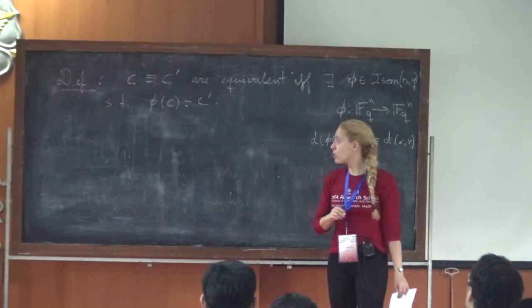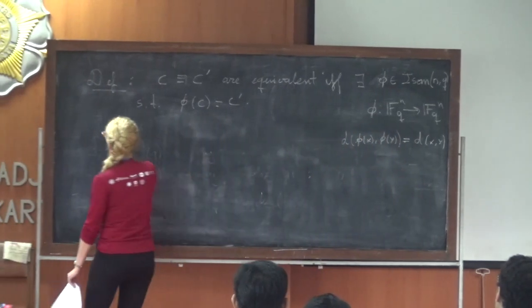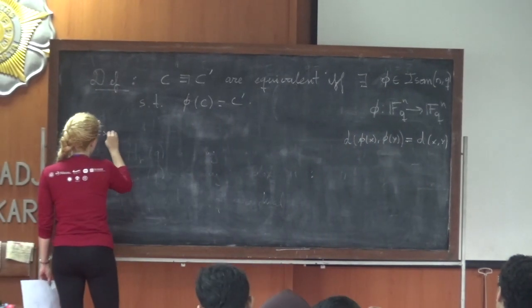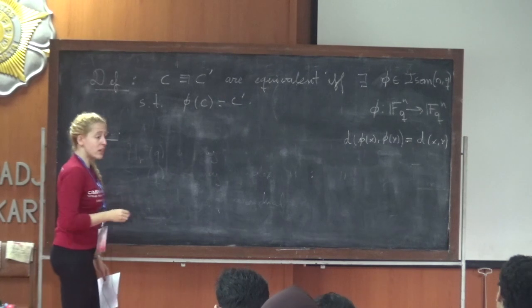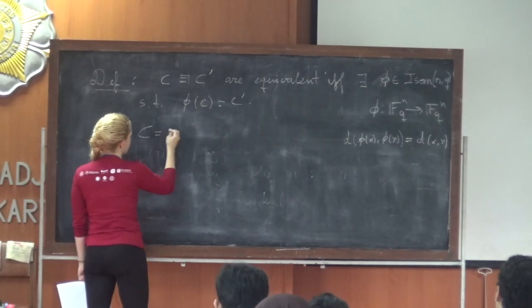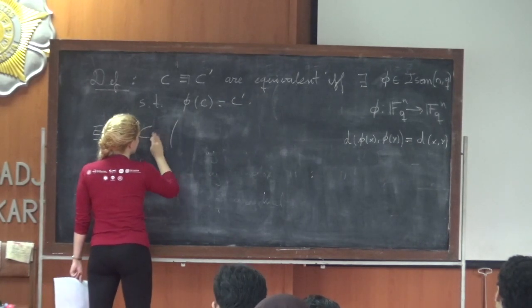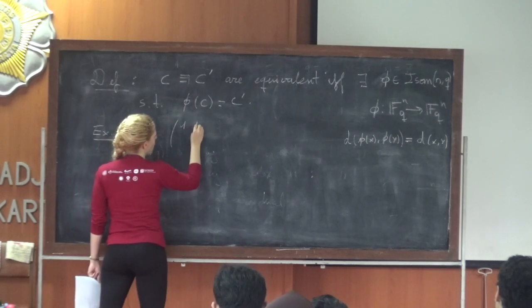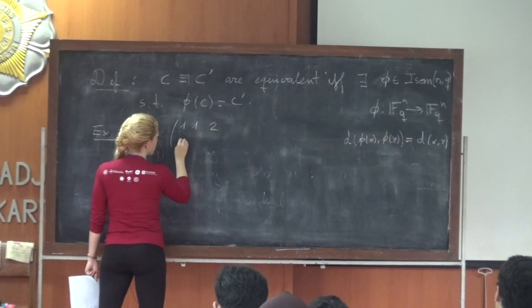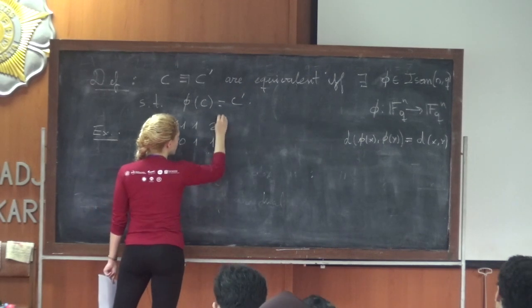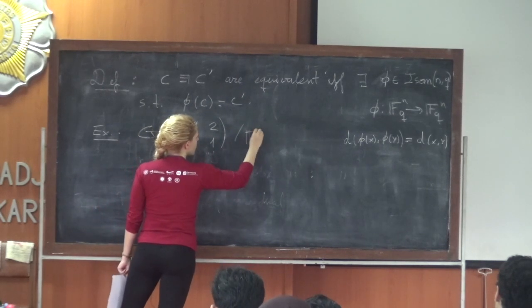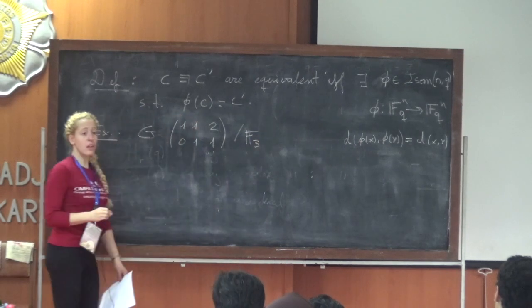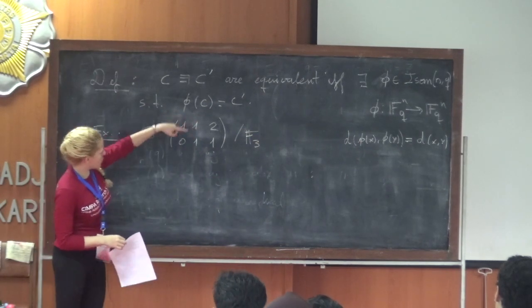Okay? So we can see a very easy example, for instance. Take the code given by this generator matrix, 1, 1, 2, 0, 1, 1, over F3. So it is the code generated by this vector and this vector.